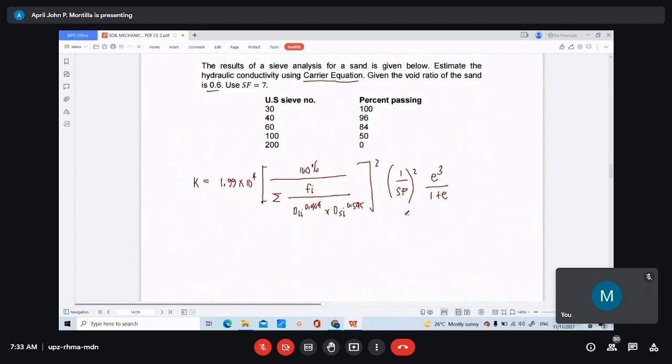There is a correction, ha? Last time, ang pinalitan ko ay SS. It should be SF. So, ito yung Carrier equation.